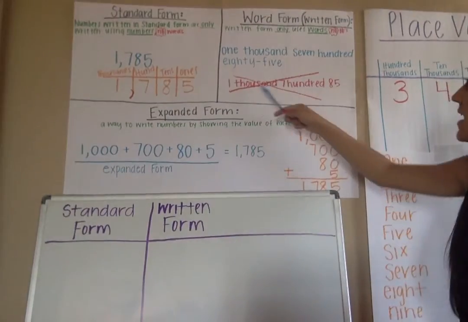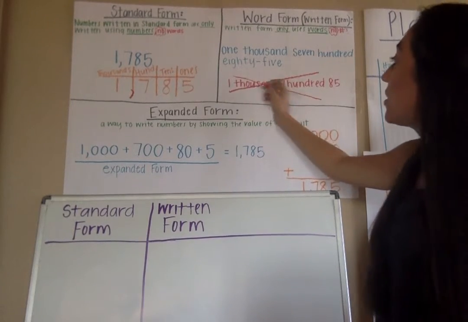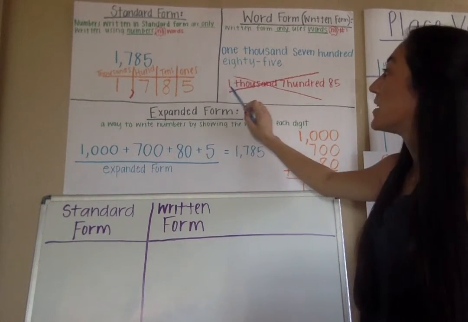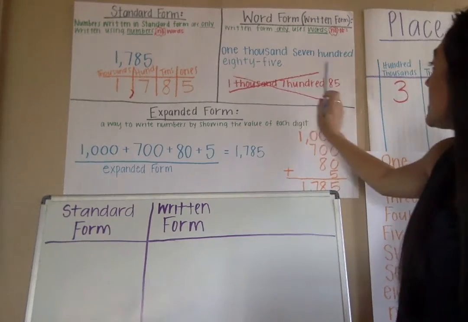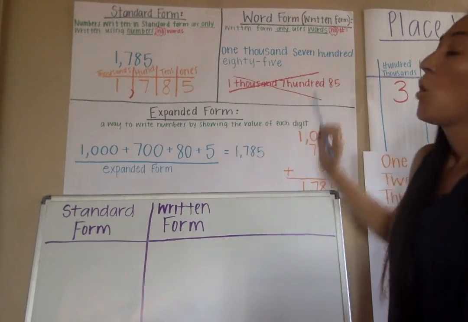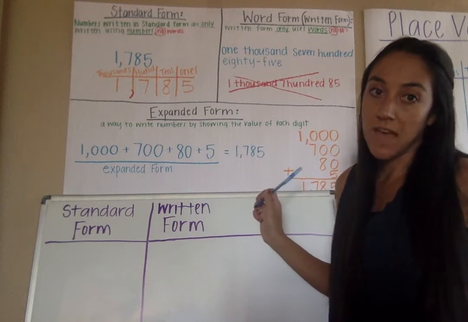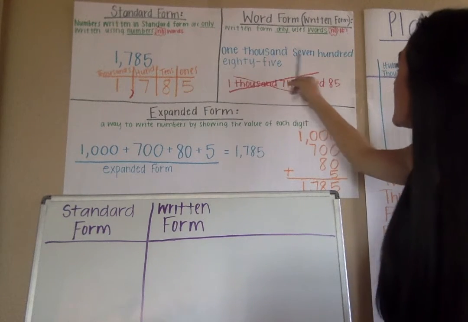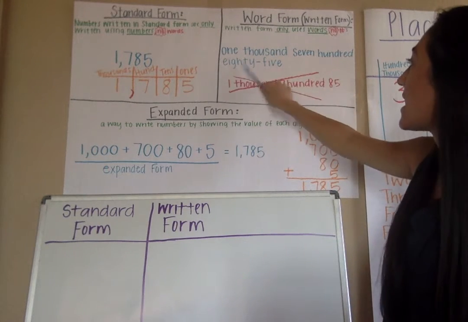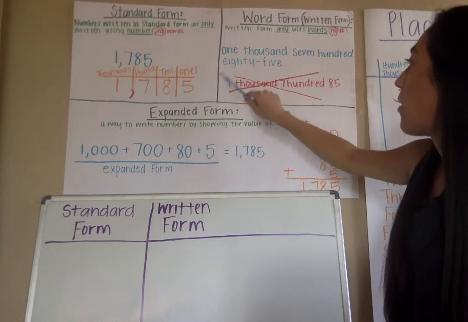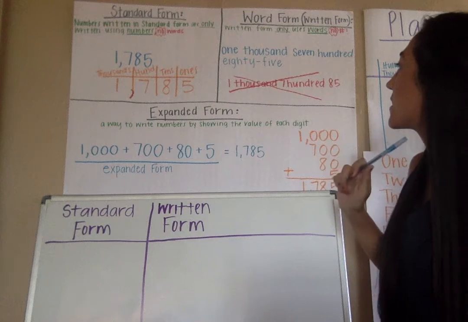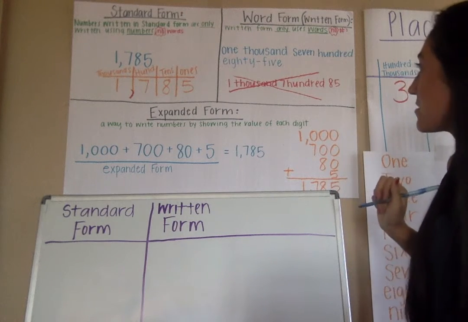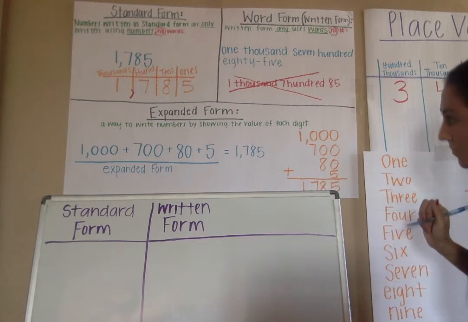Remember, on Monday I crossed out this one because we never use actual numbers, like the number 1, 7, or 85. We have to spell those words out. So 1,785. All of this is spelled out with letters. You don't see any numbers written in blue.